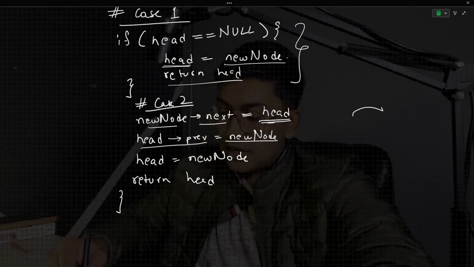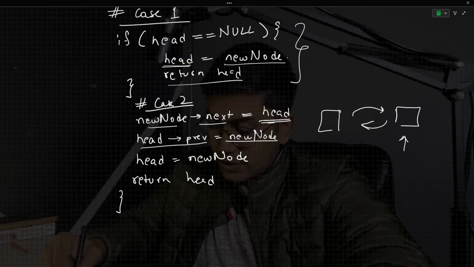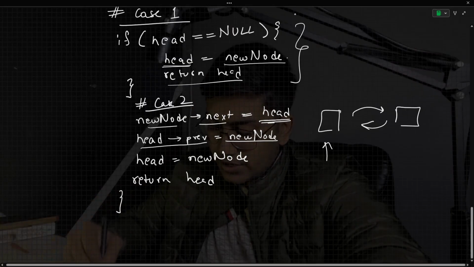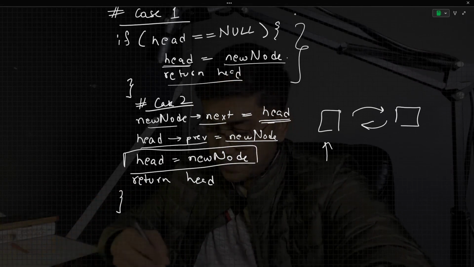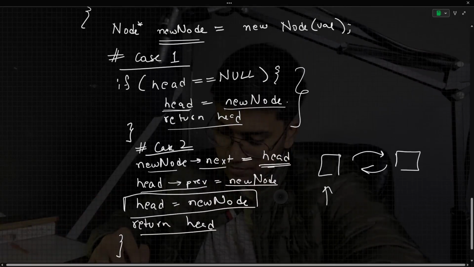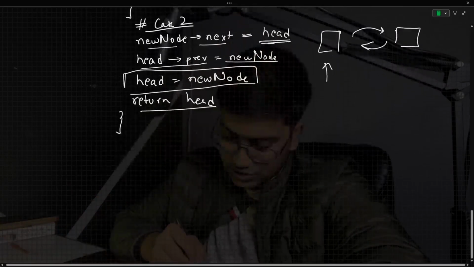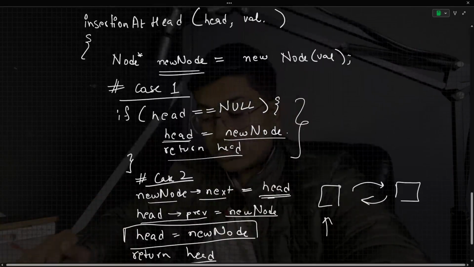So you have done this relinking of nodes, and after that, the head that was pointing here, you take and point it here. This is the reassigning of the new head, and then you return the head. Let me properly end this function. So that's about insertion at head.